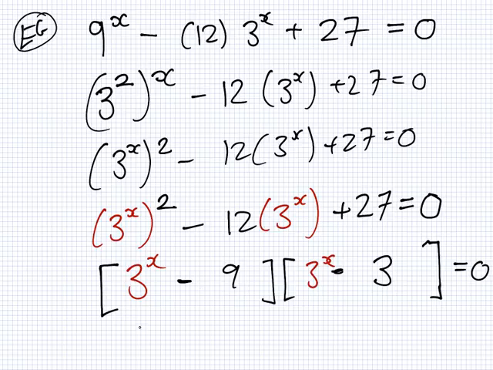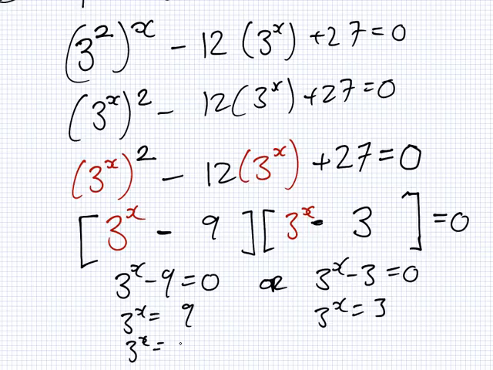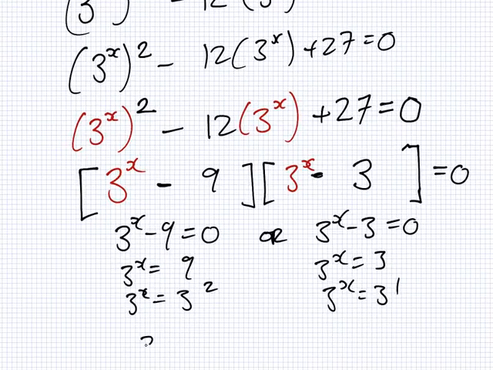So you get either 3x minus 9 equals 0, or 3x minus 3 equals 0, which means either 3x equals 9 or 3x equals 3, either 3x equals 3 squared or 3x equals 3 to the 1. So finally, either x equals 2 or x equals 1.